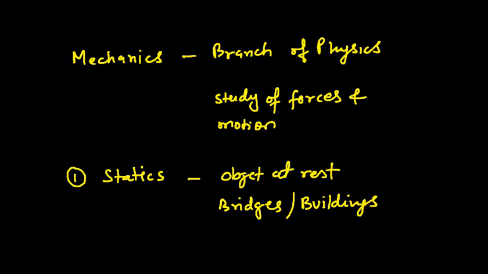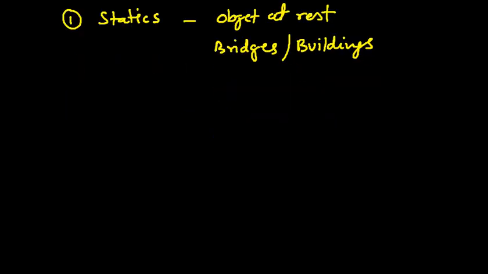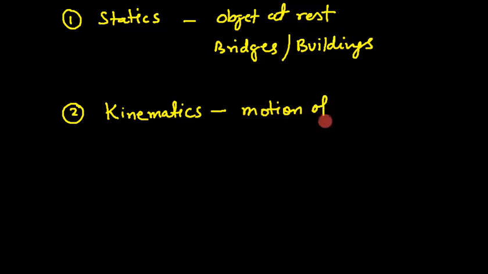We'll come to another branch, and the second one is called kinematics. This is the branch of mechanics which deals with the motion of objects, alright?